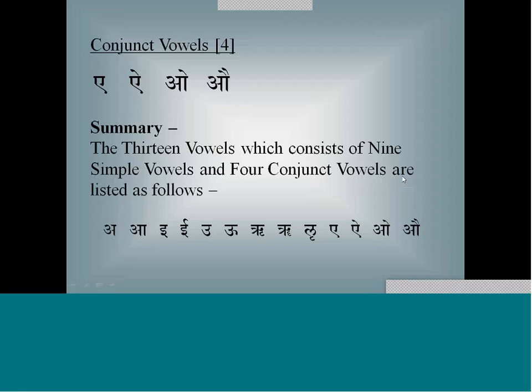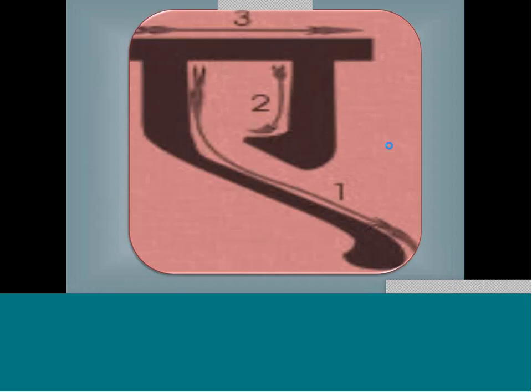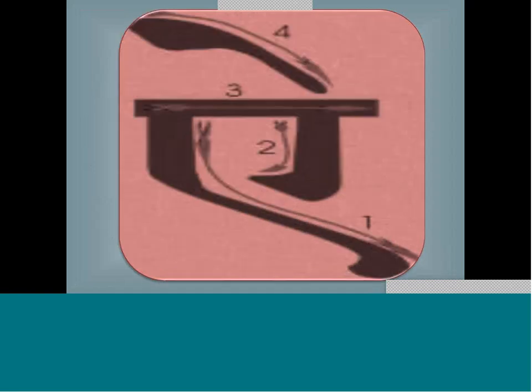Now we will see the conjunct vowels. A, I, O, O. These four conjunct vowels are long vowels. How to write A? You can see that on the screen. It's simple to write. So this is A, the long one. I, that is also long.